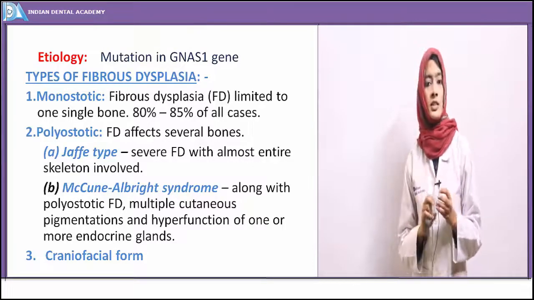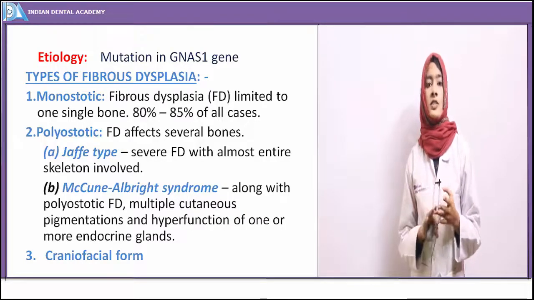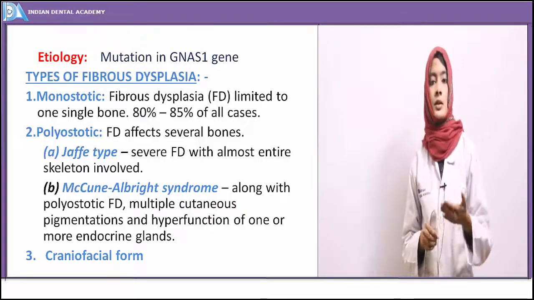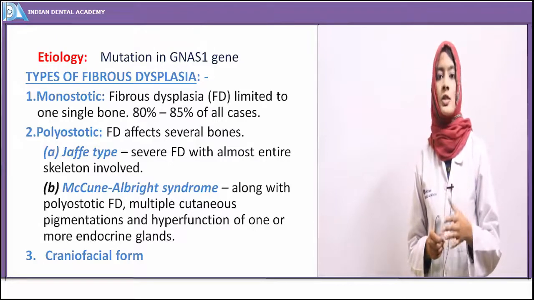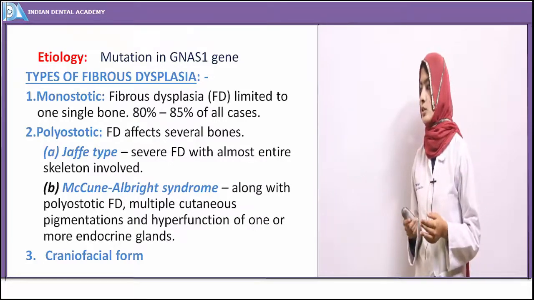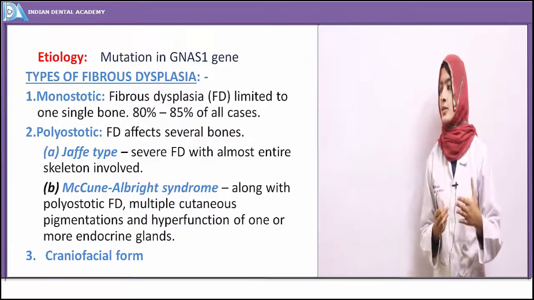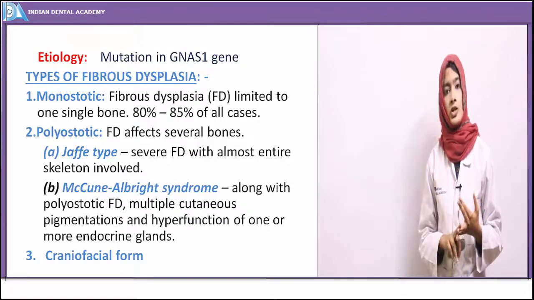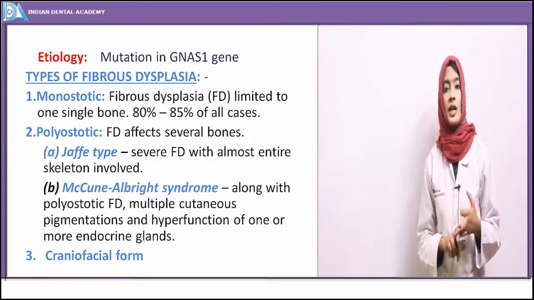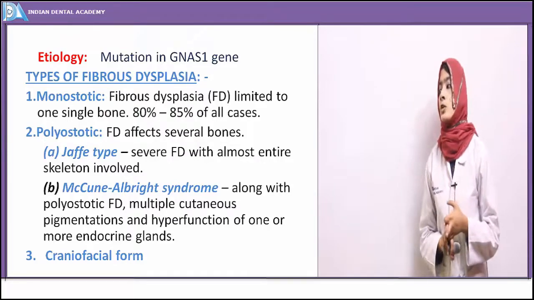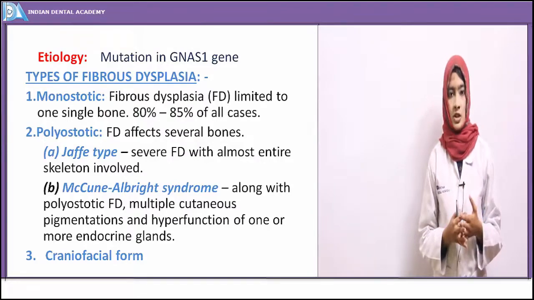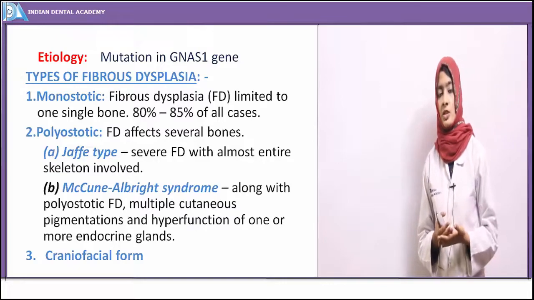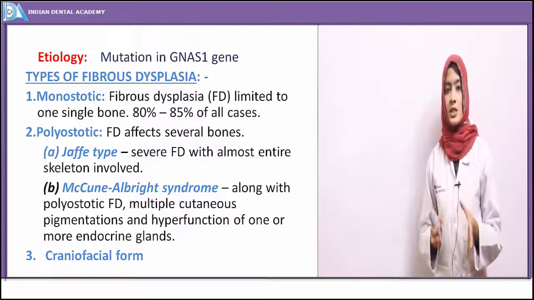So a defect in the endocrine system and a defect in melanocyte deposition is seen. There are three types of fibrous dysplasia: the monostotic fibrous dysplasia, polyostotic fibrous dysplasia, and the craniofacial form. Monostotic fibrous dysplasia involves just a single bone.